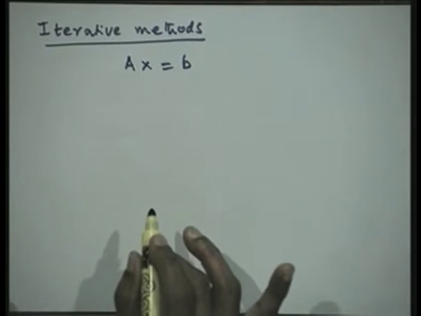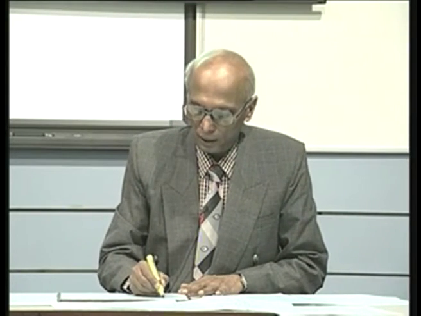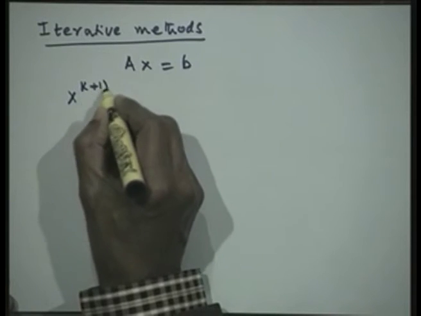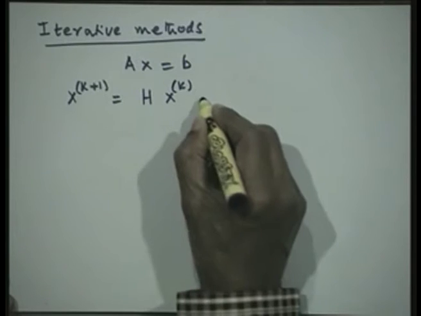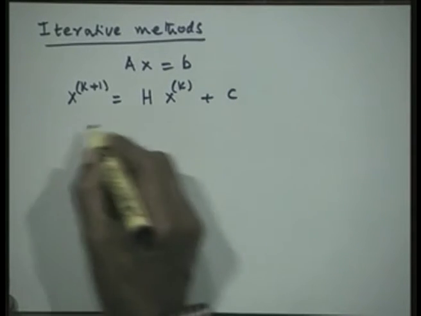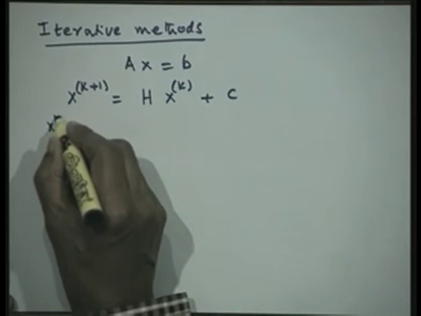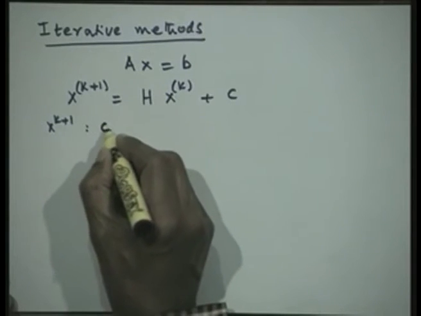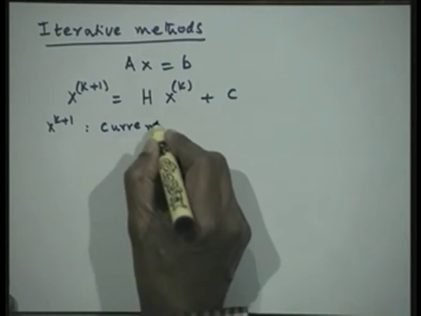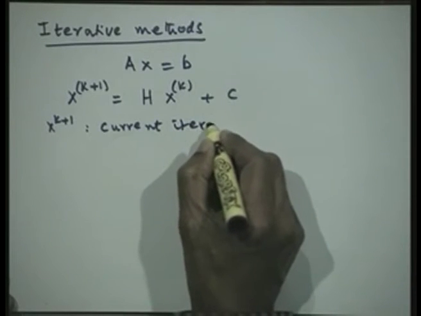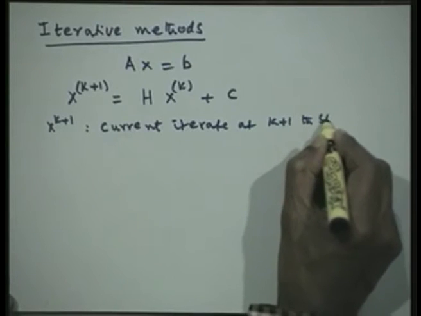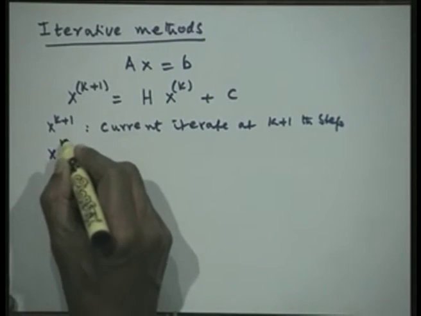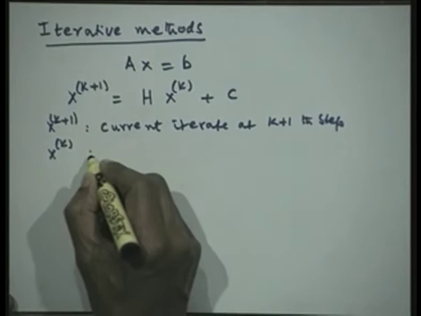Every iterative method connects the current iterate to the previous iterate. So, if I write down a method like x^(k+1) = H x^k + C, then I would call x^(k+1) the current iterate, at the (k+1)th step, and x^k is the previous iterate.